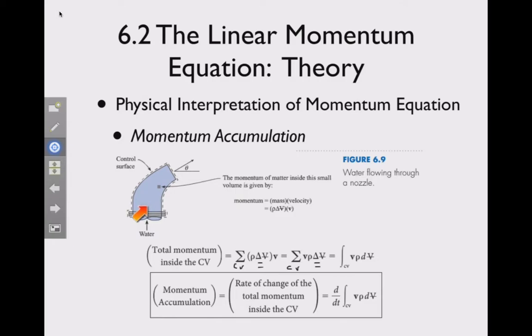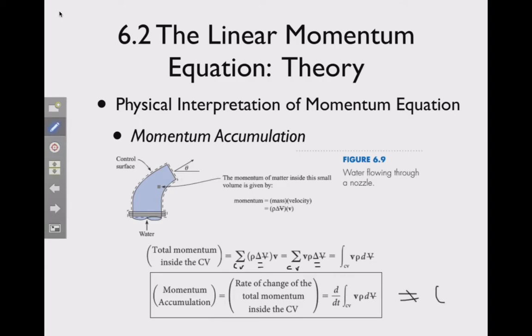And especially if the velocity is constant along streamlines in here, if the velocity isn't changing with respect to time, we're not going to get any forces. So you can't be accumulating there. It's going to be a pretty rare situation where we're going to be accumulating momentum. So a lot of times this term is equal to 0.